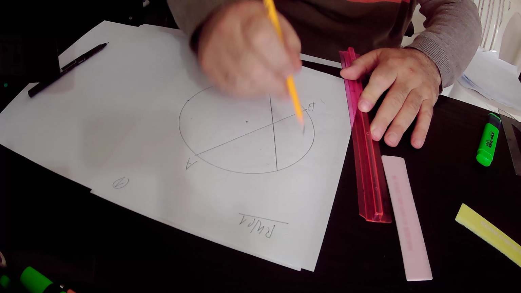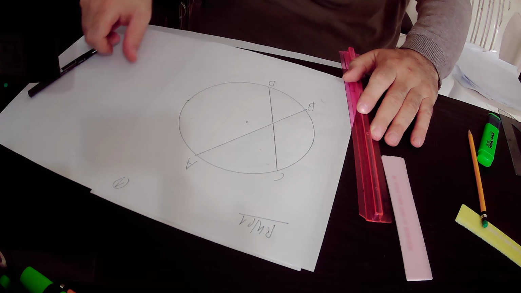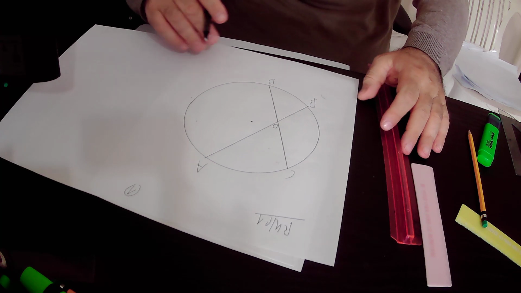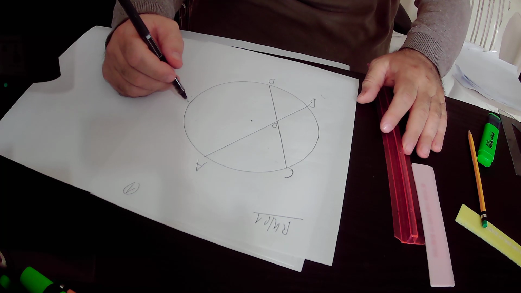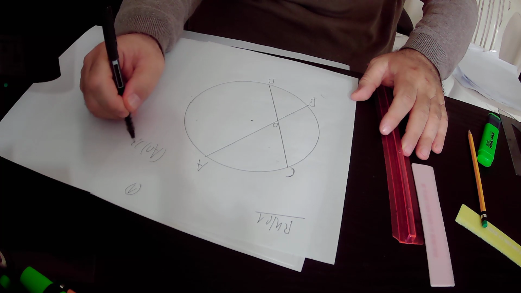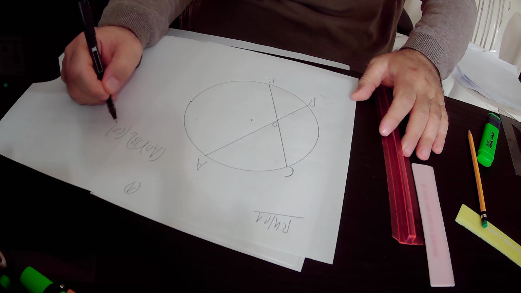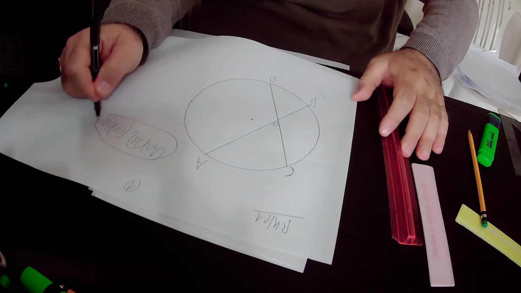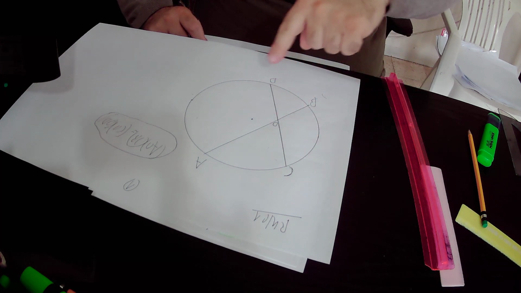This is called CD, and the intersection point occurs at point O. Then, according to rule number 1, the following equation is true: AO times OB equals CO times OD. Okay. AO times OB equals CO times OD.